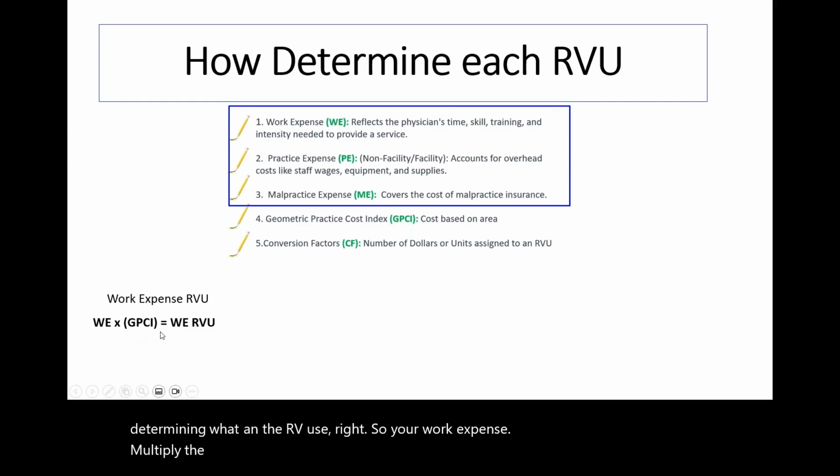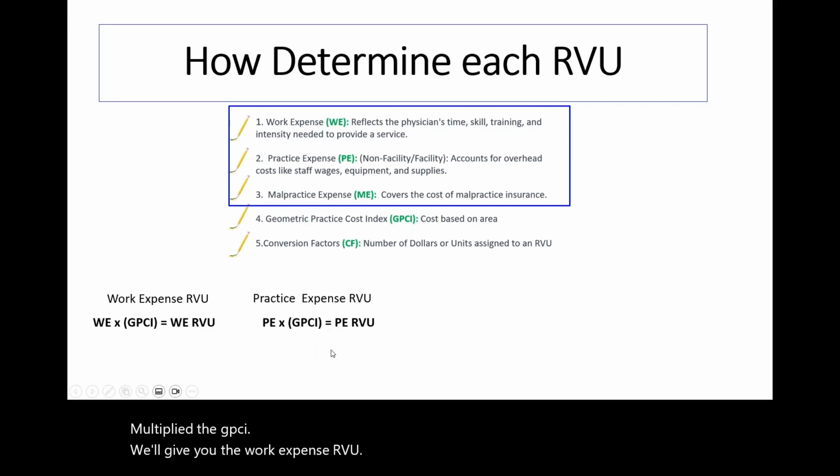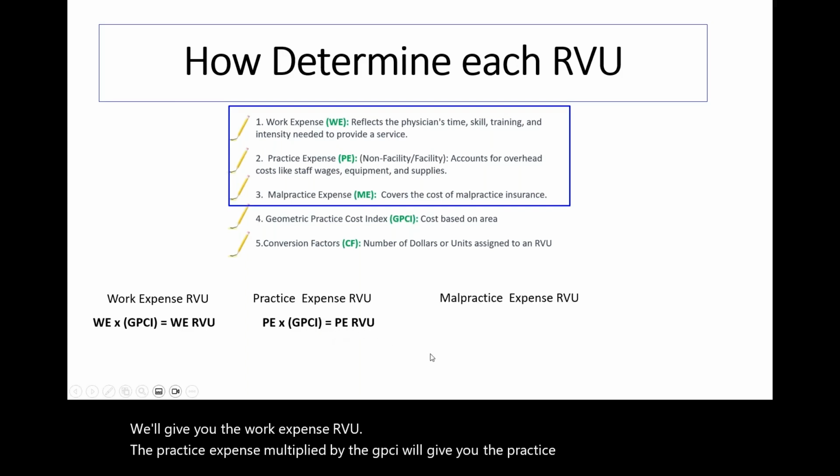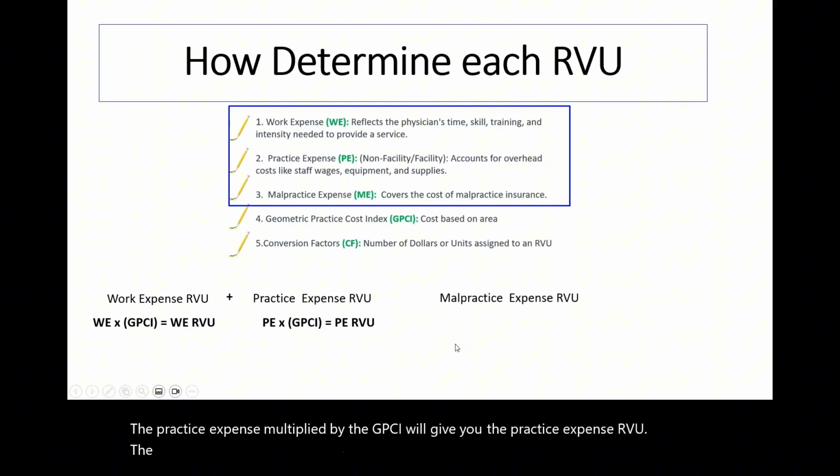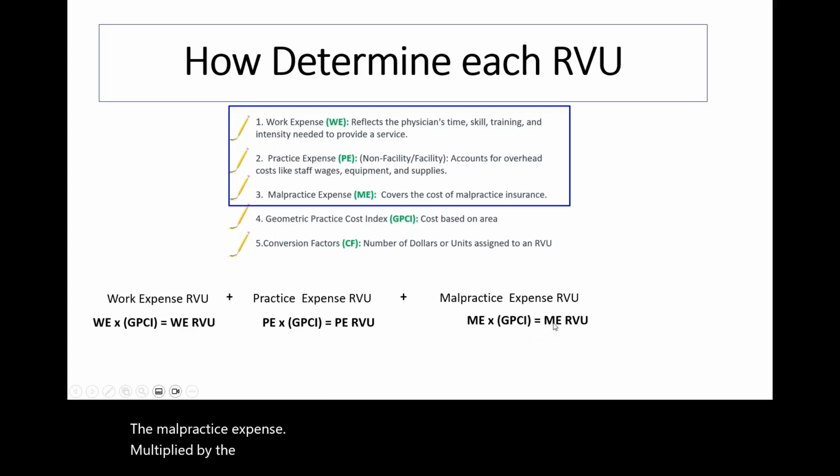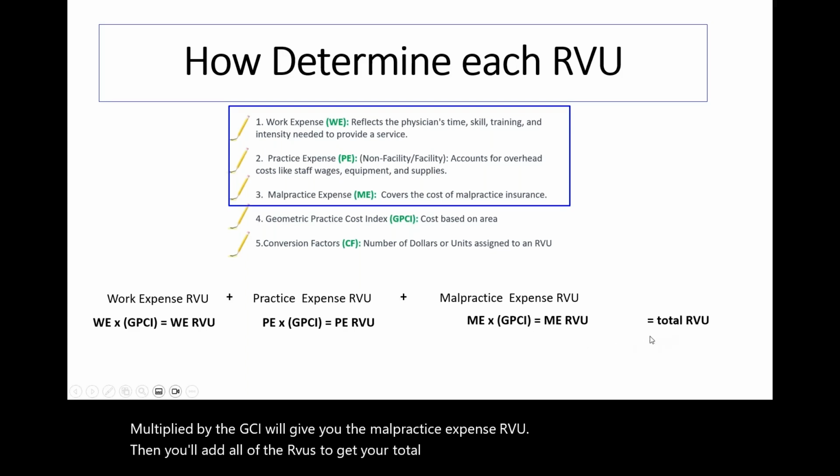multiplied by the GPCI will give you the work expense RVU. The practice expense multiplied by the GPCI will give you the practice expense RVU. The malpractice expense multiplied by the GPCI will give you the malpractice expense RVU. Then you'll add all of the RVUs to get your total RVU.